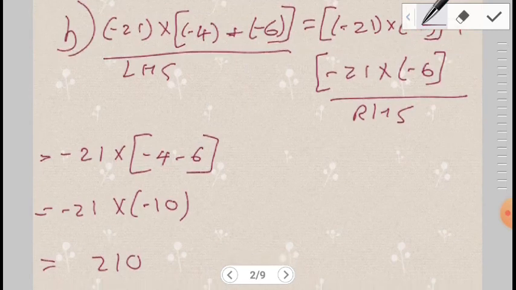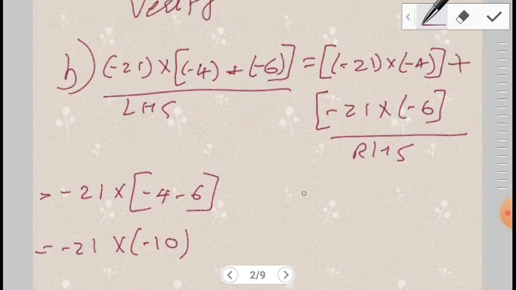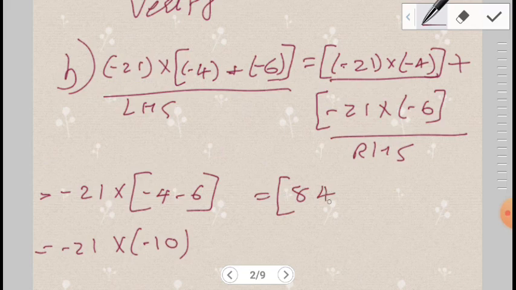Now for the right hand side, if I solve this first bracket, so I will get 21 into 4, so 84, and both are minus minus, so minus minus plus 84. Here we have a positive sign between these two brackets, and here is the second bracket.